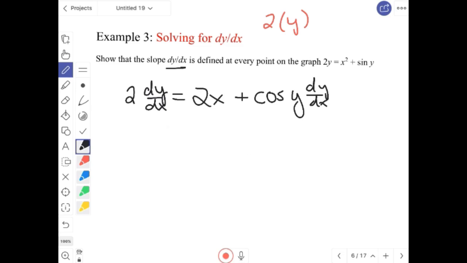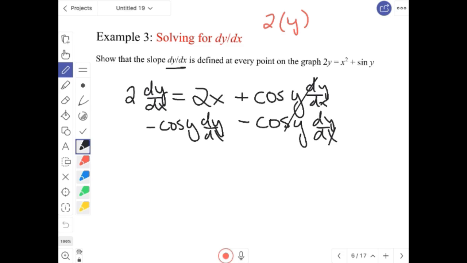Okay, in order to deal with those dy/dx's, we need them both on the same side. Now I need to subtract cosine of y dy/dx from both sides. And once they are both on the same side, we're going to factor that dy/dx out.